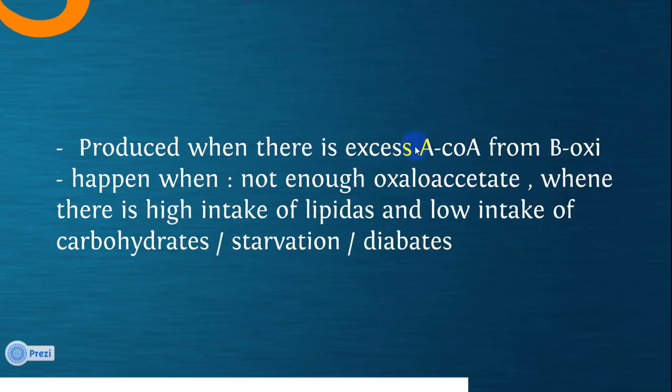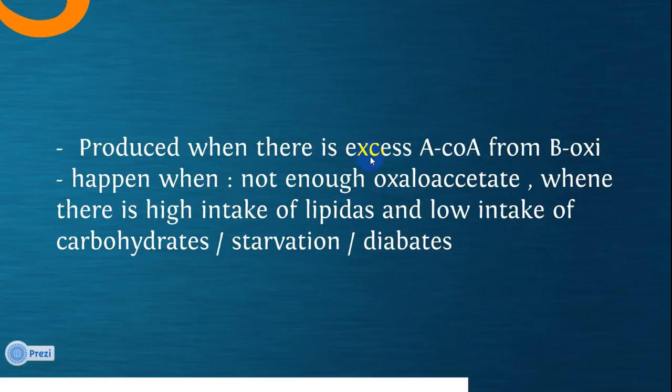Now, if there is no oxaloacetate, the citric acid cycle will not proceed. So there will be no citric acid cycle, and the acetyl-CoA will increase. If the acetyl-CoA increases, this is not a normal condition in our body.